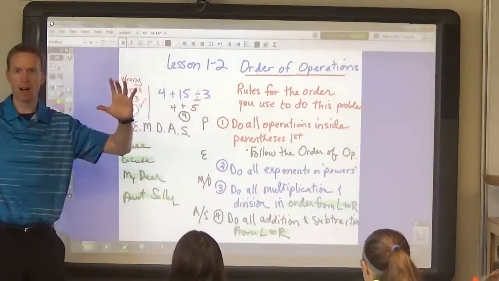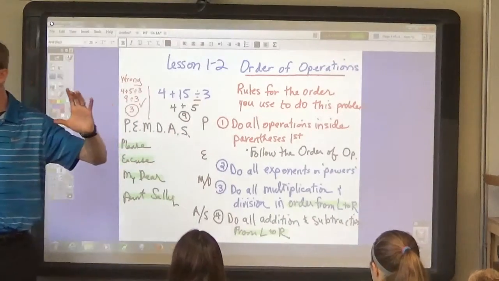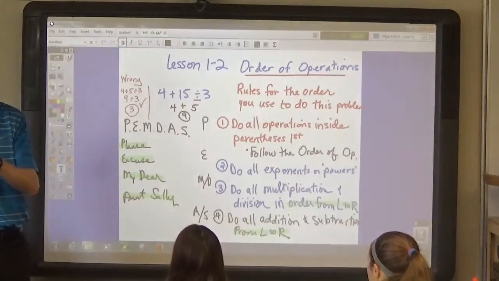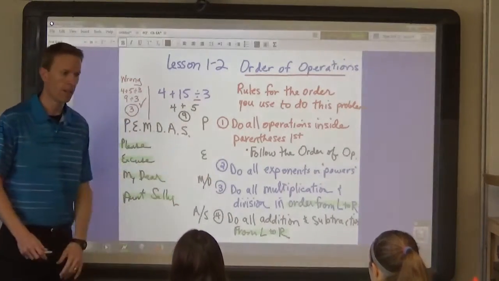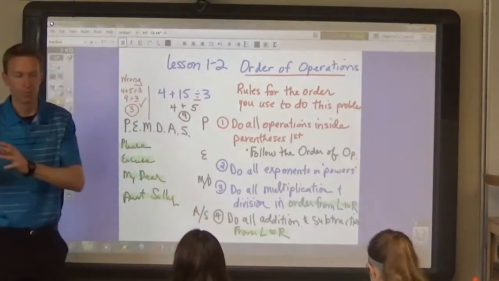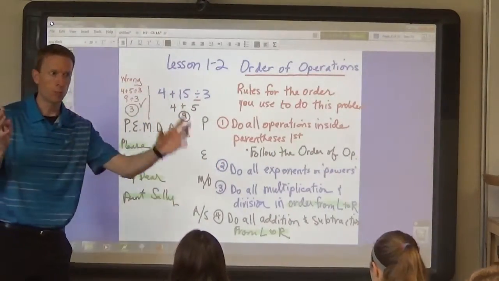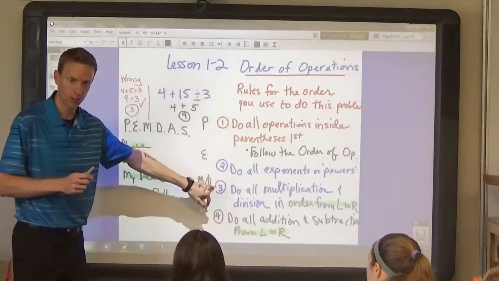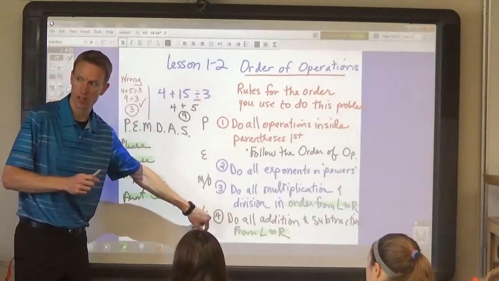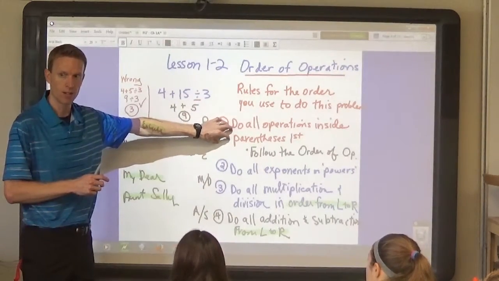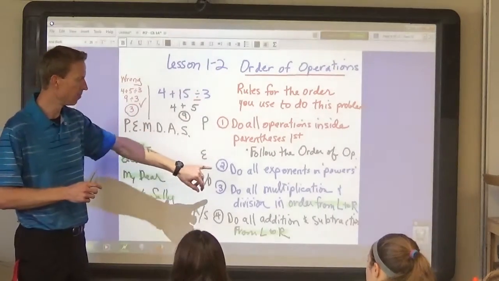If there's a number of operations inside of the parentheses, then you're doing a number of things inside the parentheses before you go on to the next step. And you're following the order of operations. So if there is addition and then multiplication, you would do multiplication first and then the addition inside of the parentheses. Okay, we'll look at an example of that later.